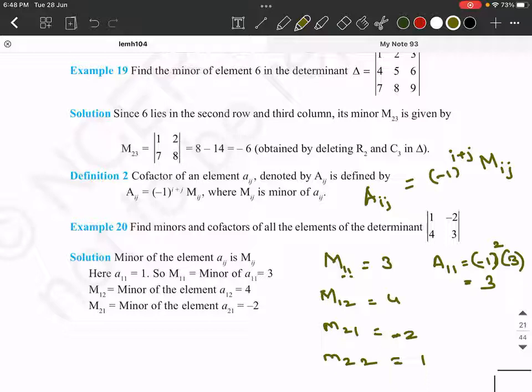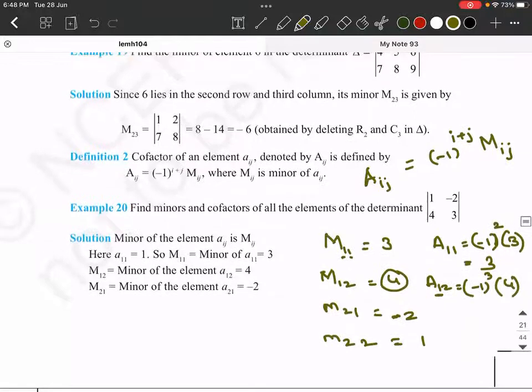A12 is M12 multiplied by the prefix. So I was about to write it. A12 is equal to -1 power, here i is 1, j is 2. So 3 times the minor, that is 4. But I was asking about the minor, you told me about the cofactor. So I first wrote the minor. So -4.